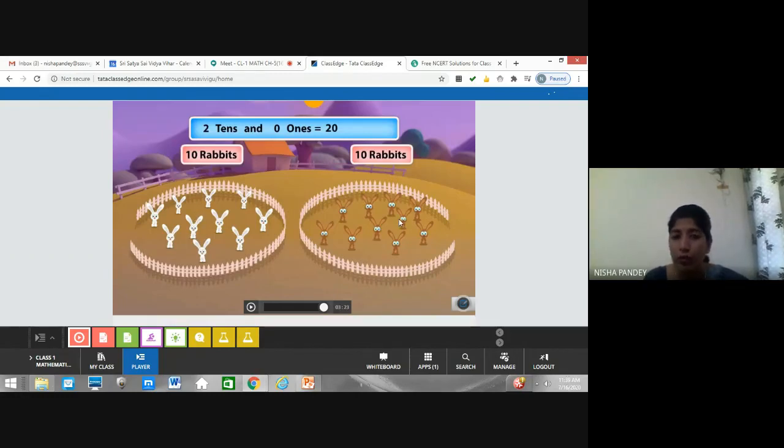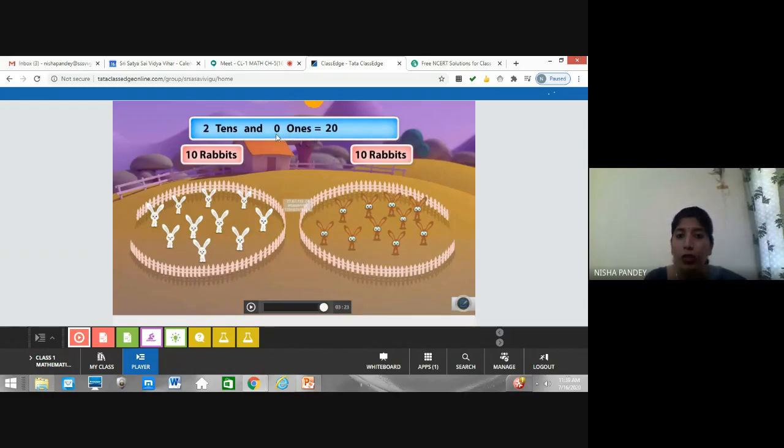So these 10 will go to tens position. If we have 10 of any object, that will form a bundle, a group of 10, and it will go to tens place. But how many loose rabbits, how many single rabbits do we have? We don't have anything here. So it means at one's position we have to write something. It may be any number from 0 to 9.